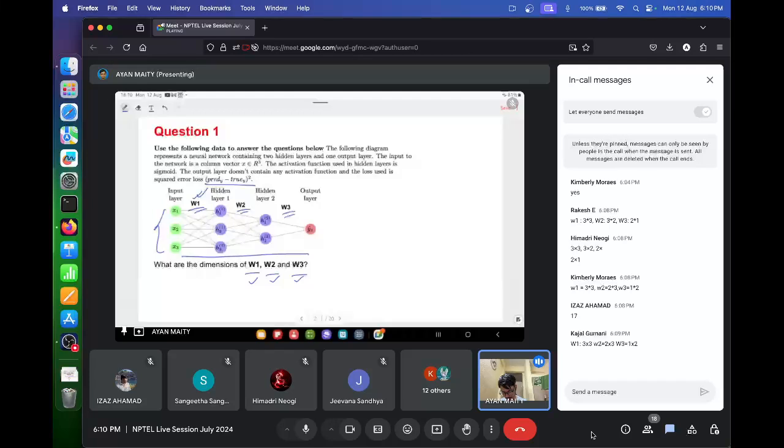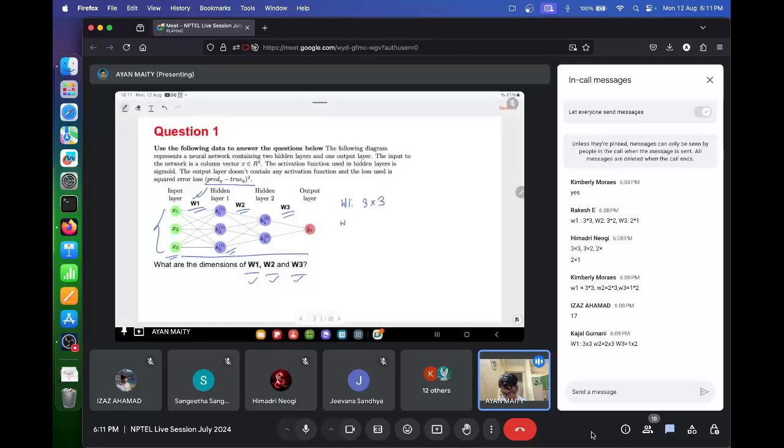For the first matrix W1 there is not much confusion, because there are three units in the input layer and also three units in the first hidden layer. So it would be 3 cross 3.